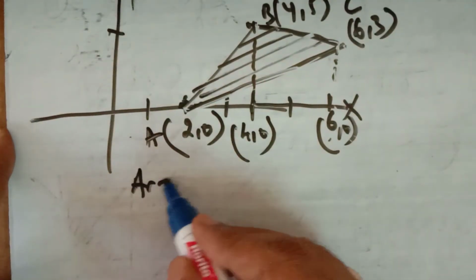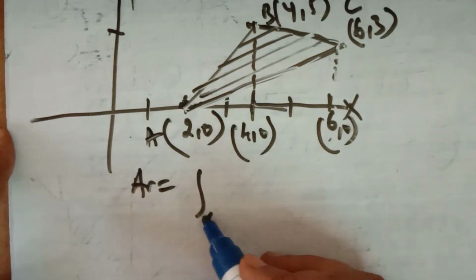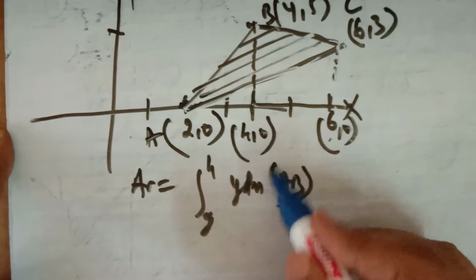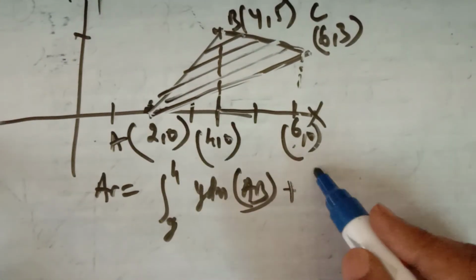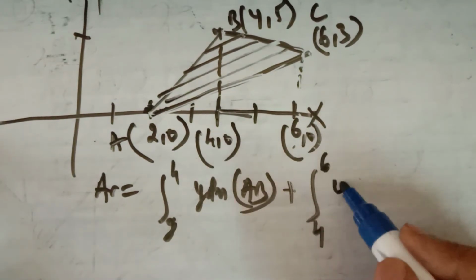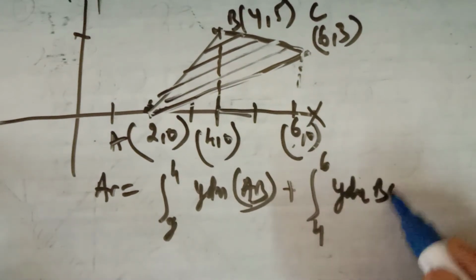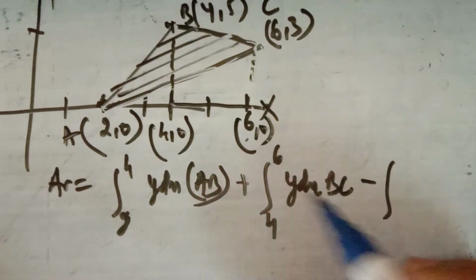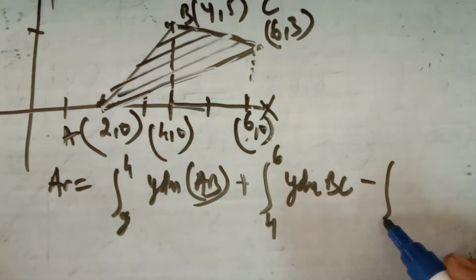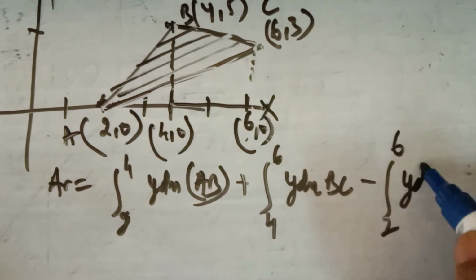So this area will be from 2 to 4, y with respect to x of AB. This type of question you have already done. And from 4 to 6, y with respect to x of BC, and minus the extra area touching the line AC, from 2 to 6, y with respect to x of AC.